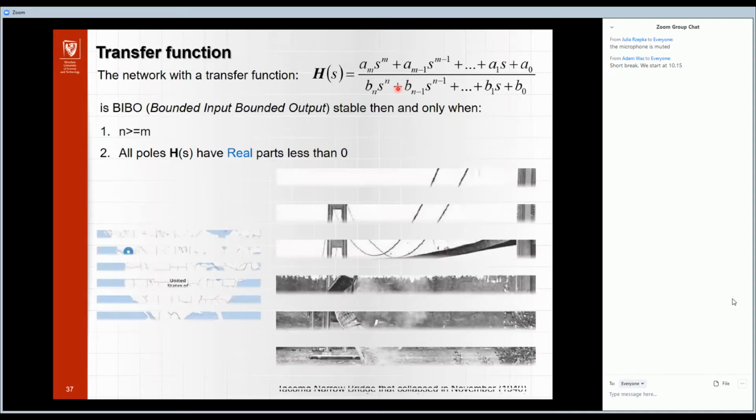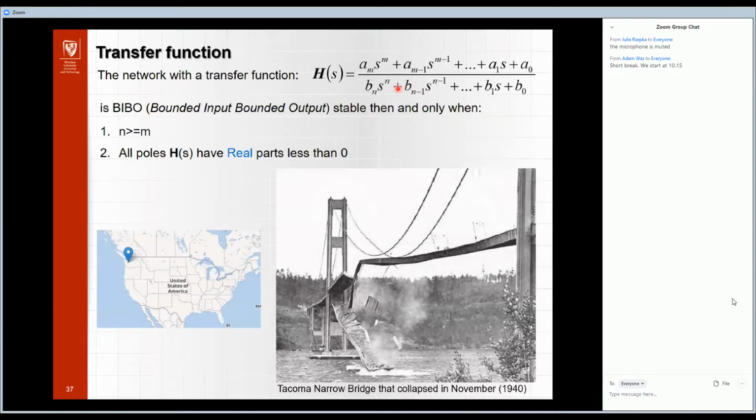And in the other case, we have oscillations, and these oscillations are difficult to predict. And for example, of course, it is not connected only with electric circuits, and in the electric circuit it is not so dangerous. But there is the case connected with the Tacoma Narrows Bridge, which collapsed in 1940 in the United States.